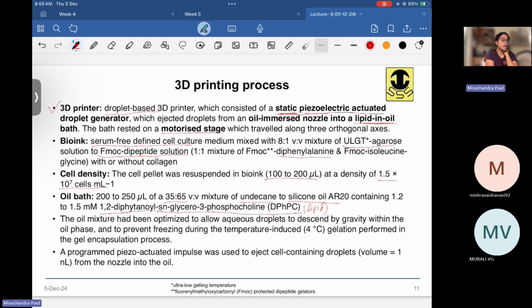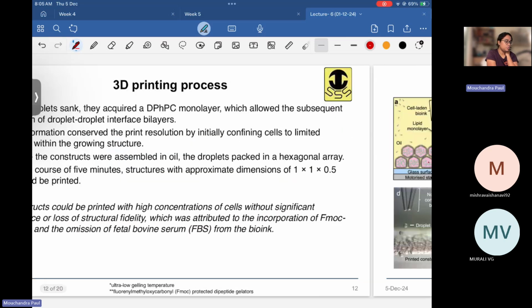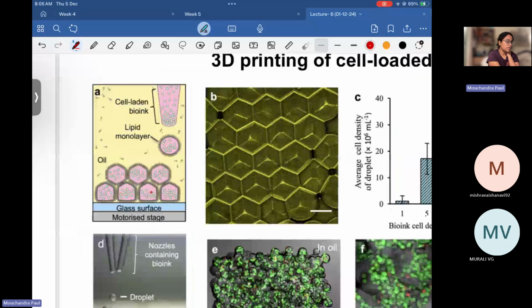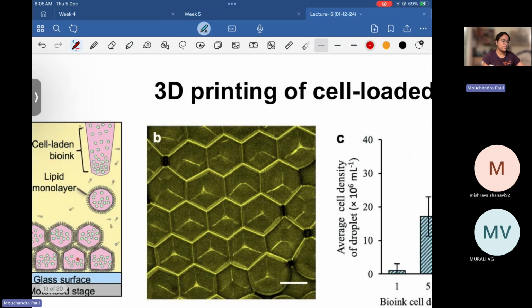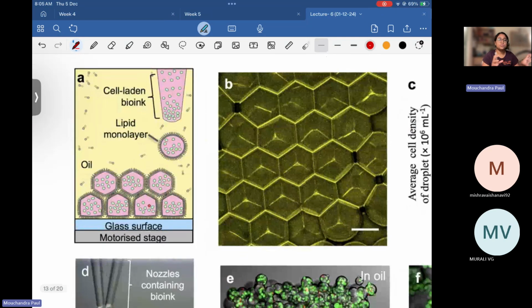Okay. So I'll show you one image quickly to understand what I just said. So this is the stage. That stage can move, onto which there is a glass surface, and on the glass surface you have the oil bath. So this yellow background has the oil. Okay. Silicone and undecane mixture. And into this you can see these tiny particles.